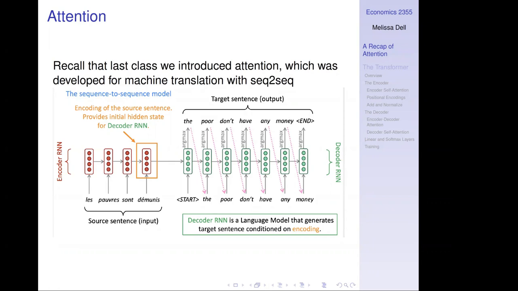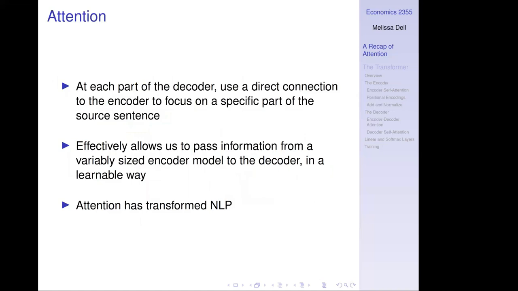In this example, it's translating a phrase from French to English. And essentially the decoder is a language model that generates the target sentence conditioned on that final encoding. But what we did with attention is, at each part of the decoder, use a direct connection to the encoder to focus on a specific part of that source sentence.